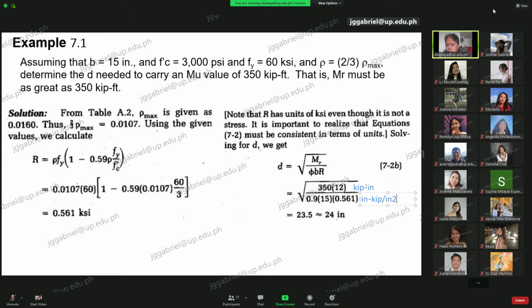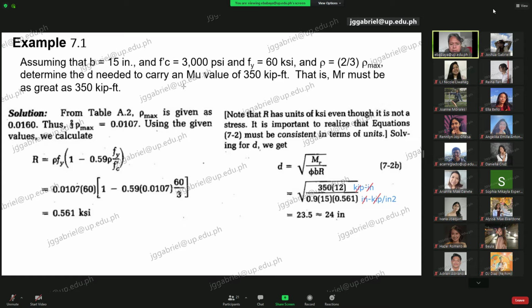Okay? Yung 2 doon, that's squared. Now, this will actually cancel. Cancel inch, and then inch, cancel kip, and then kip. Right?